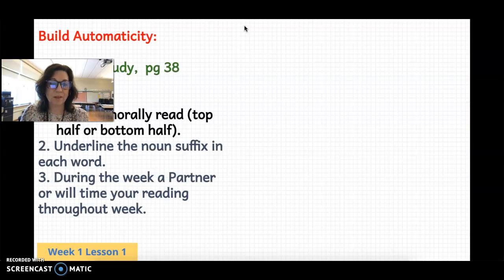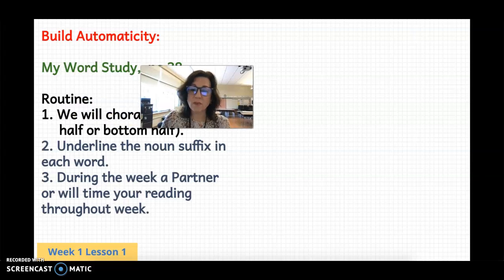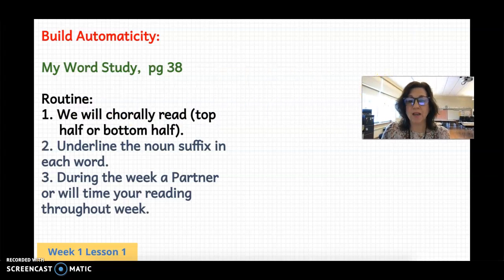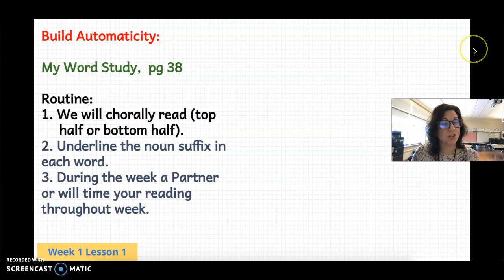Okay. So, if you turn in your book, My Word Study, to page 38, here's what we're going to do. We're going to chorally read the top half or the bottom half. I'm going to actually do both today, and you can read along with me.